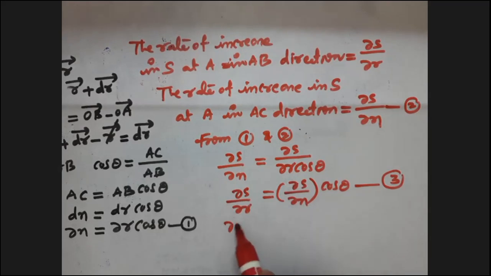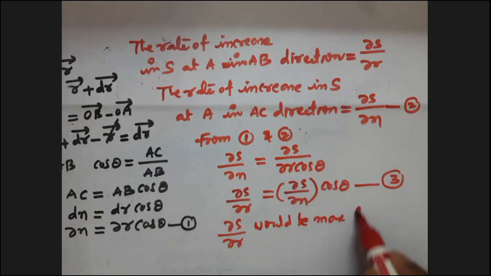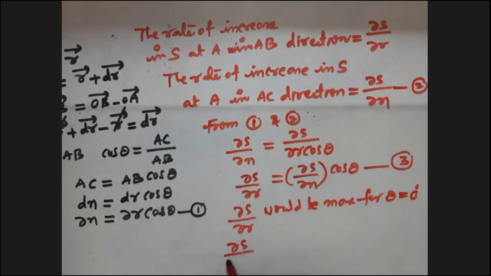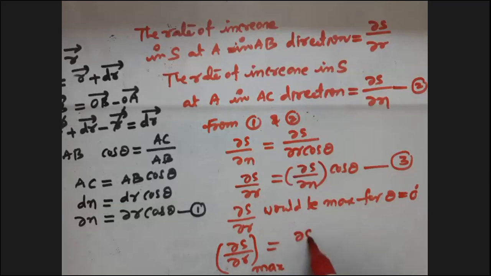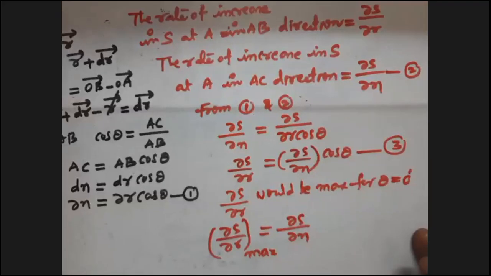So dou S by dou r would be maximum for theta equal to 0 degrees. Then dou S by dou r maximum equals dou S by dou n. So this represents the magnitude of the gradient of the scalar field.